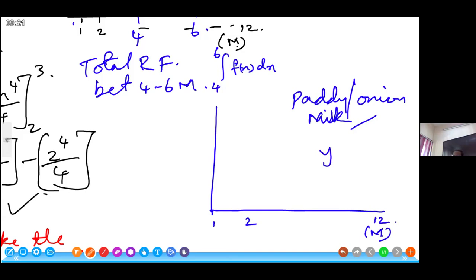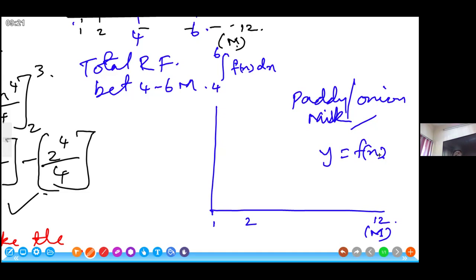It has been given as a function, because paddy production is not the same throughout the year. Onion production is not the same throughout the year. Milk production is not the same throughout the year. Egg production is not the same throughout the year, right? So you can have any production, not only agriculture, even other productions, maybe textiles, etc., right?